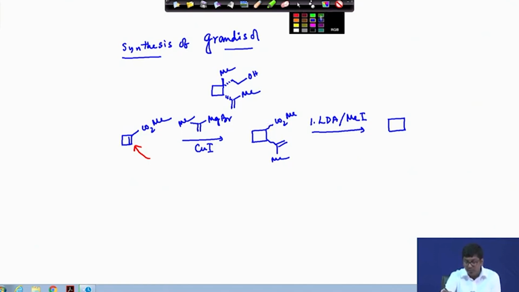So, this base will pick up the proton from here. Once it picks up the proton, that can again attack the corresponding electrophile, and in that case that attack will be a guided attack, and this will give you the product of this one.